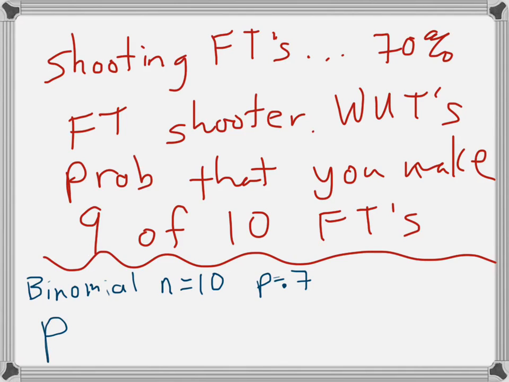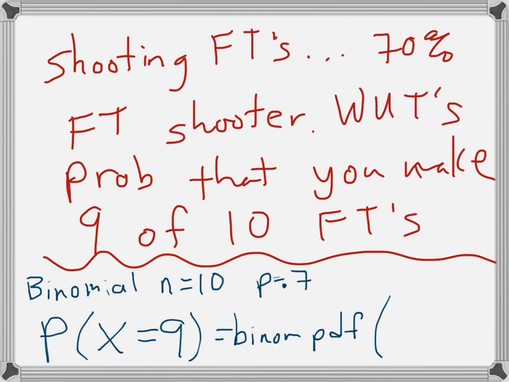So what we're calculating for is the probability that we get 9 free throws made, which is binompdf(10, 0.7, 9). And you'll find the probability is approximately equal to 12.1%, or 0.12.